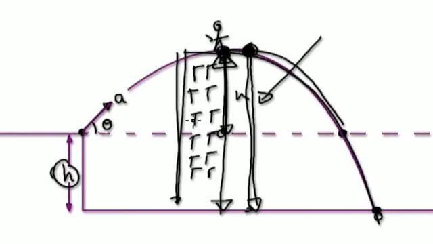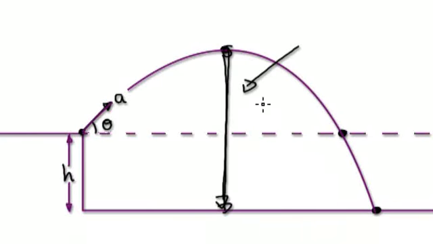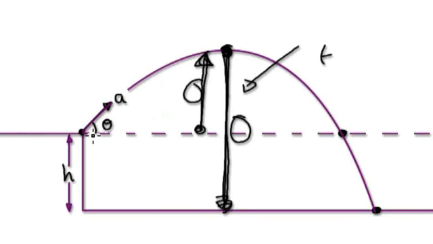So you would then have the time it takes for the cannonball to fall from maximum height down to here. Get that time and then add it to the time it takes to get to the maximum height. So here you've got the time it takes to get to the maximum height, then work out the time it takes to free fall all the way down here, and then add the two times together, and that will give you the total flight time.